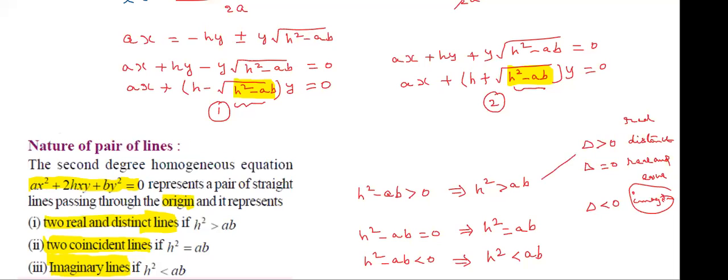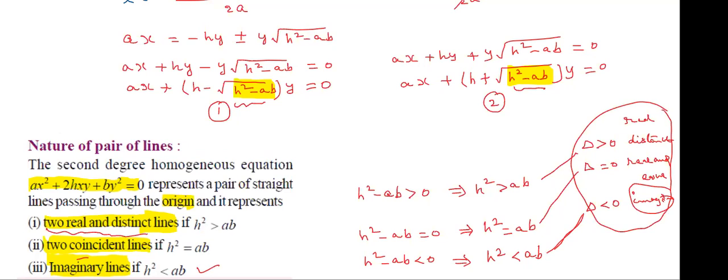Same concept here also. Delta greater than 0 means two real and distinct lines. Delta is equal to 0 means two coincident lines. Delta less than 0 means imaginary lines. You can remember like this.